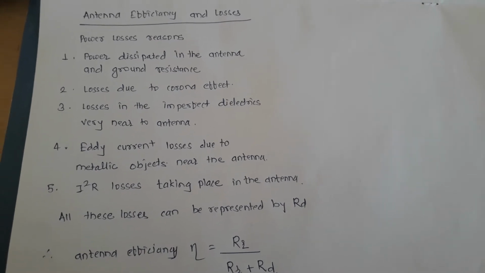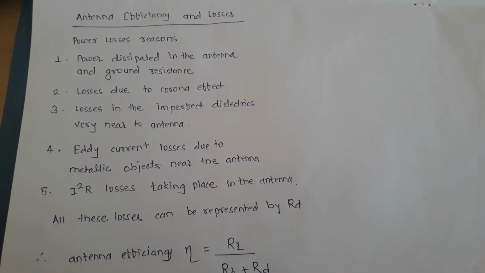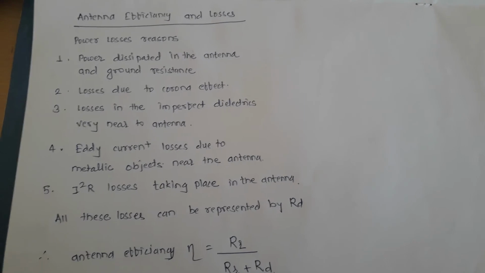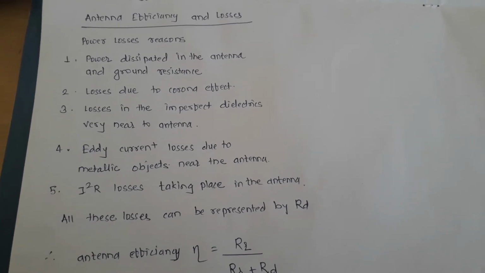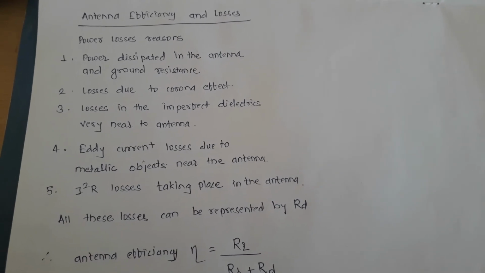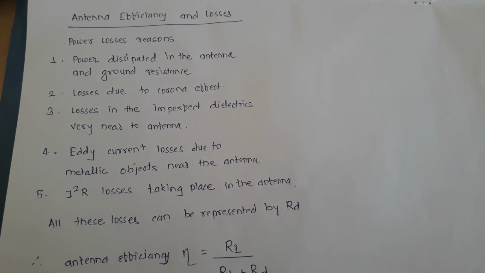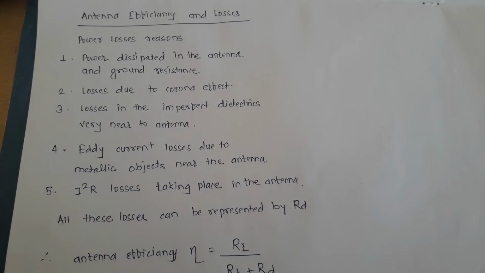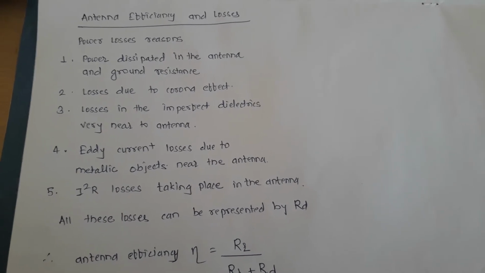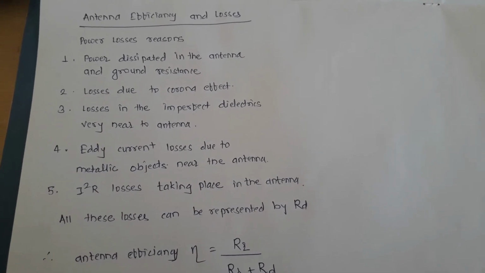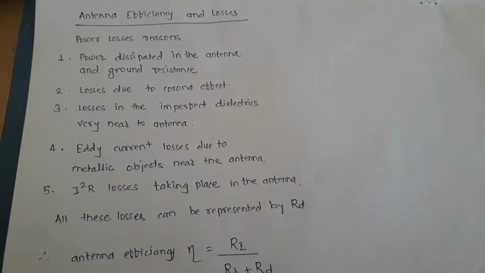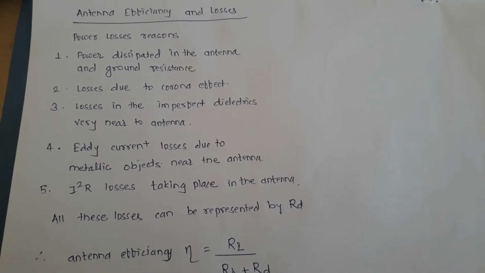If the losses are less, then the efficiency is more, and if the losses are more, then the efficiency is less. So efficiency is inversely proportional to the losses. If we want to increase the efficiency, then definitely the losses should be minimum.